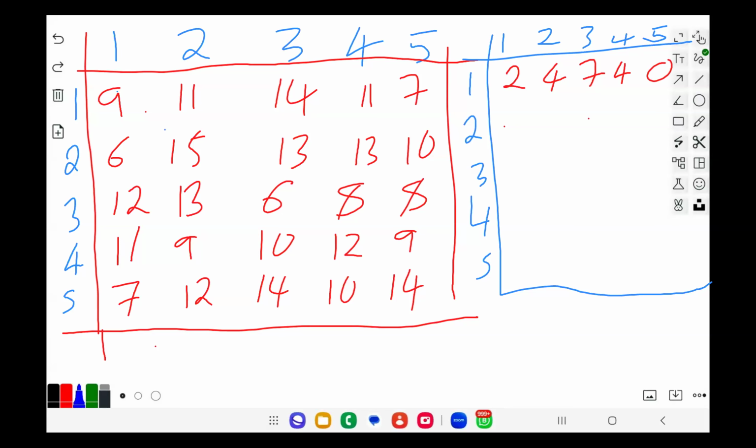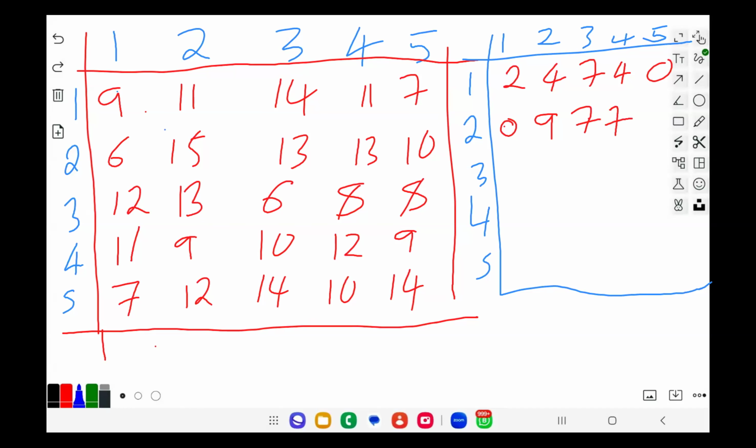And when you go to this one, we said the smallest was 6. So 6 minus 6 is 0. Right? And 15 minus 6 is 9. 13 minus 6 is 7.